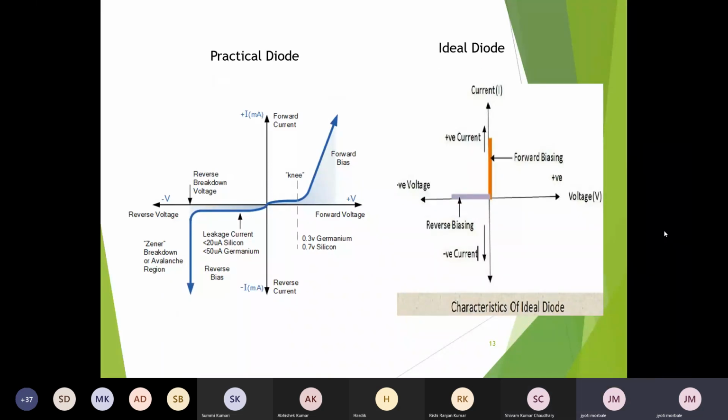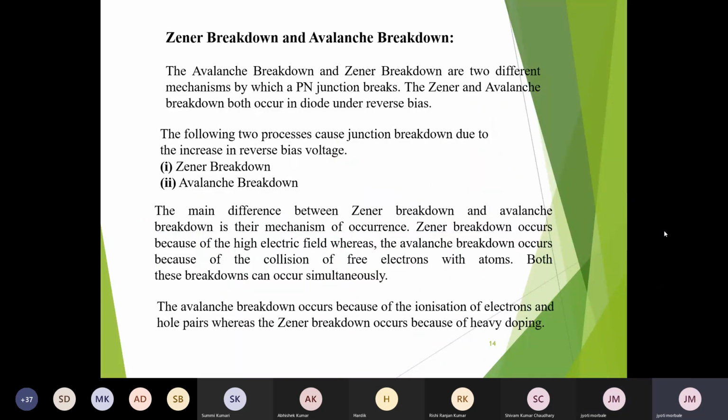Okay, now we are going to see the breakdown phenomena. Now, reverse saturation current that flows in the reverse bias diode depends on the temperature. So, जो leakage current होता है, that always depends on the temperature.